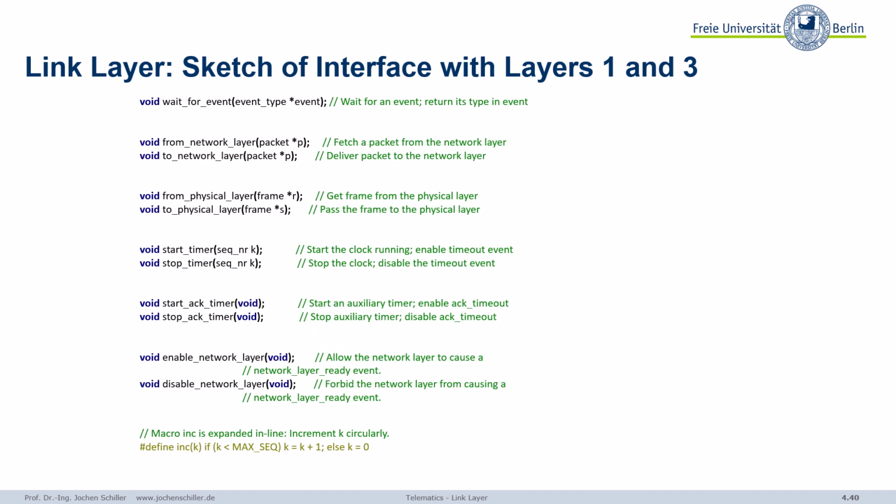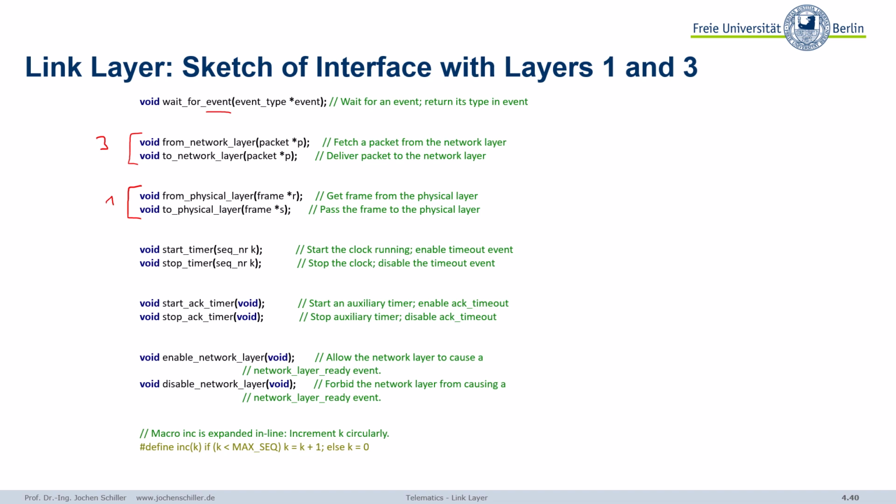We need some functions. So what type of functions? For example, we have to wait for events. Events are quite important. We'll learn how we use timers. We have data that goes to the network layer, coming from the network layer, so from layer 3. The same is true for layer 1. Timers, events, packets coming in, we have to react upon them.